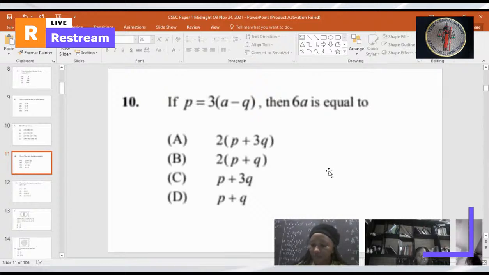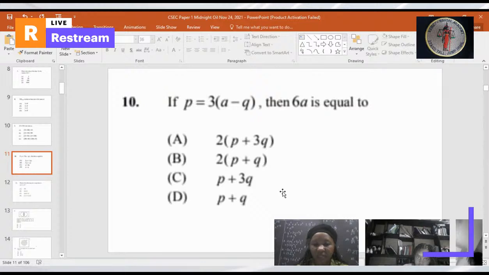Okay, miss. So the first thing we would do is expand the bracket, which would give us P equals 3A minus 3Q. Then we want 6A, so we'd bring over the 3Q. So we'd have P plus 3Q is equal to 3A.